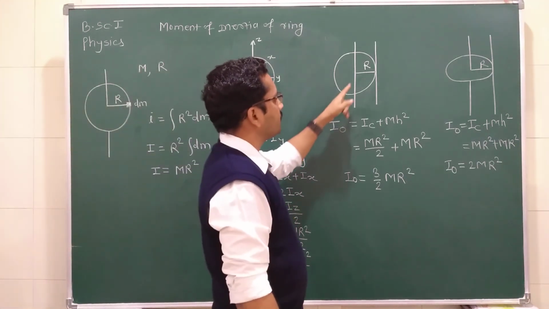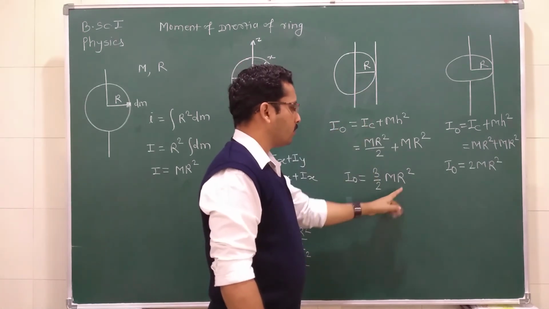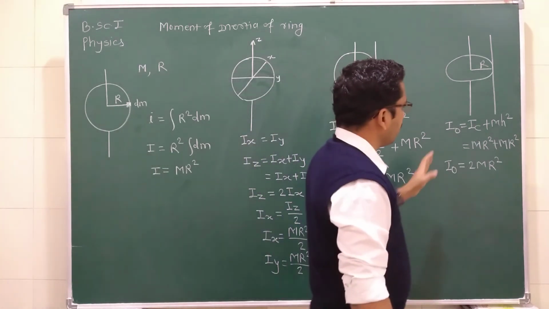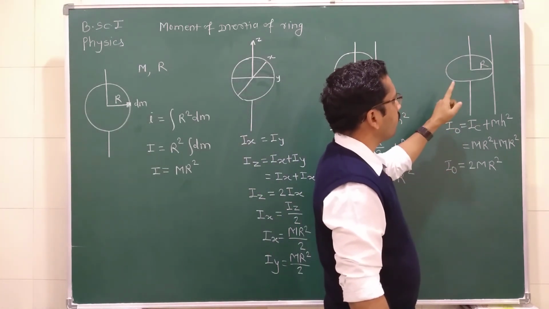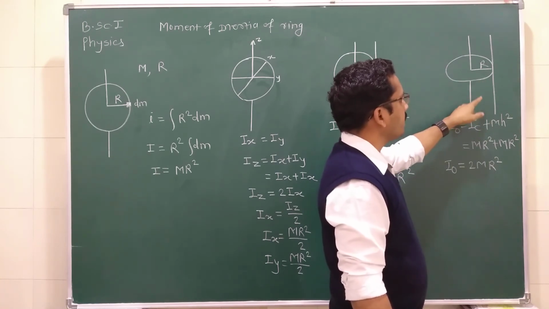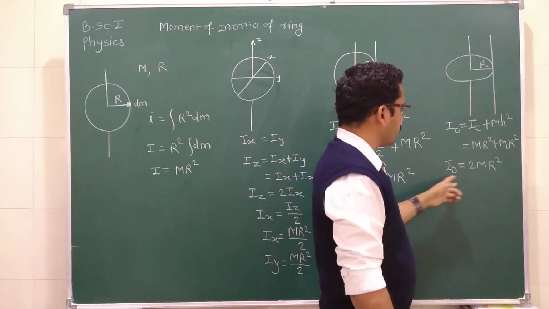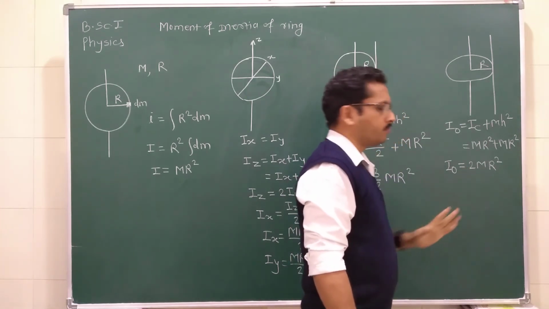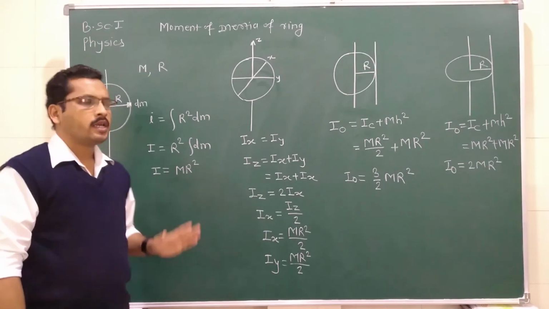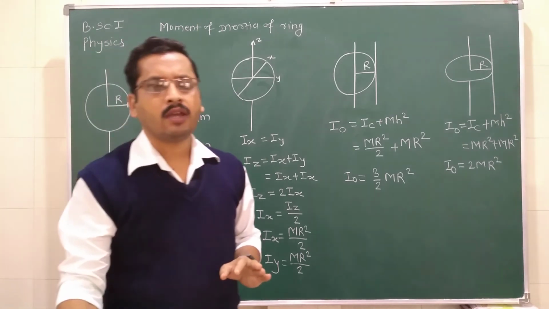The moment of inertia about the tangent in plane is 3 by 2 mr square. Finally, about the tangent perpendicular to the plane of the ring, it is twice mr square.